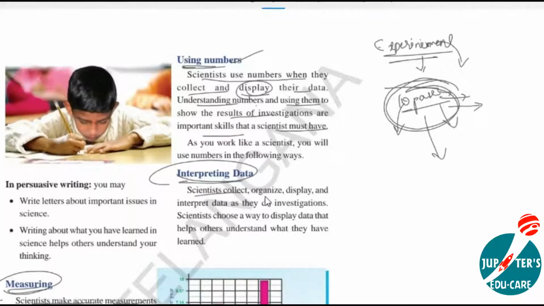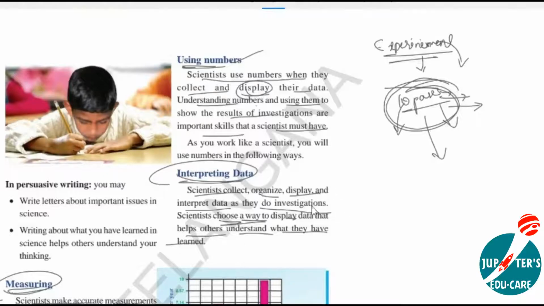See, scientists collect, organize, display, and interpret data as they do investigations. Scientists choose a way to display data that helps others understand what they have learned. If others cannot understand, it is a waste of time, right?